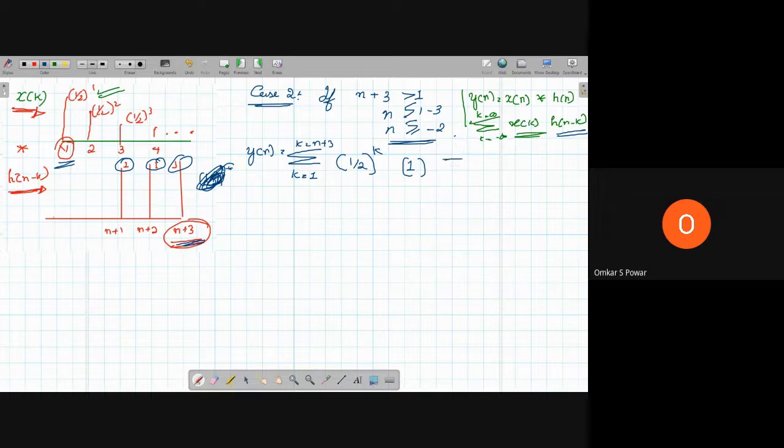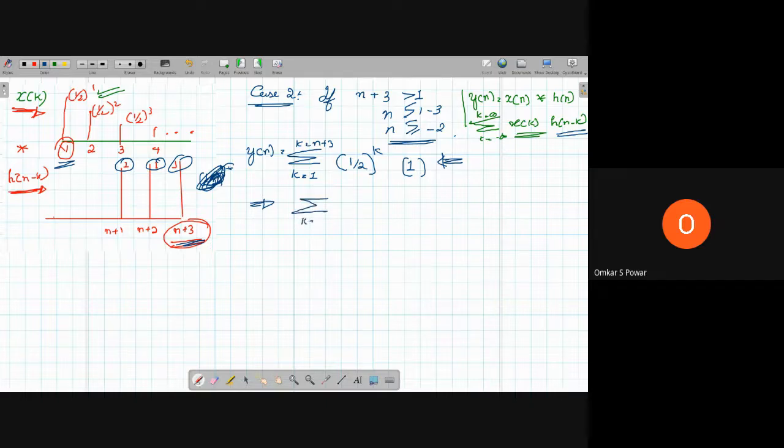Okay, so don't get confused, just follow the trend. So x of k I have written, h of n minus k I have written. Now, in order to solve this, we have to bring this into a form so that we can apply the formula easily. So what formula?